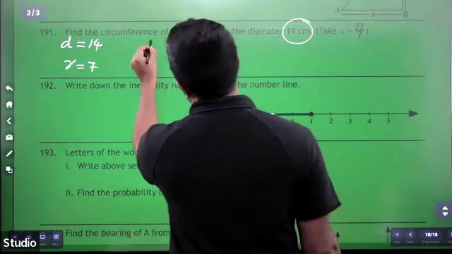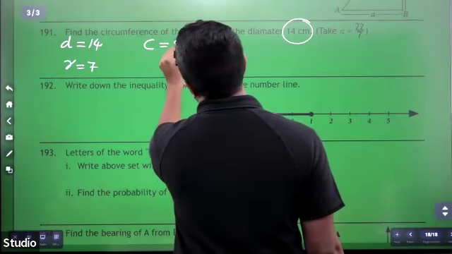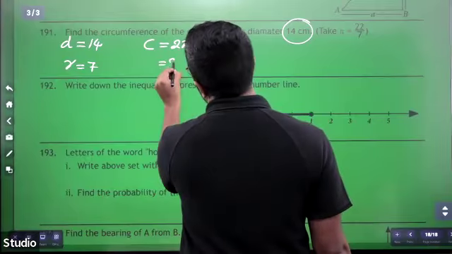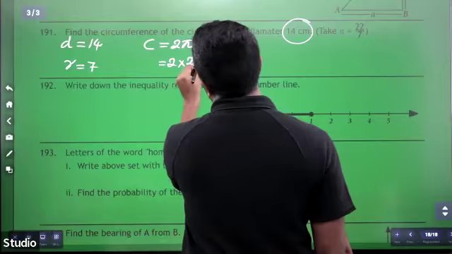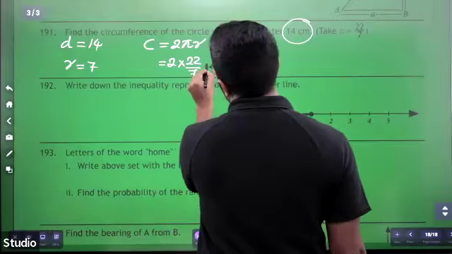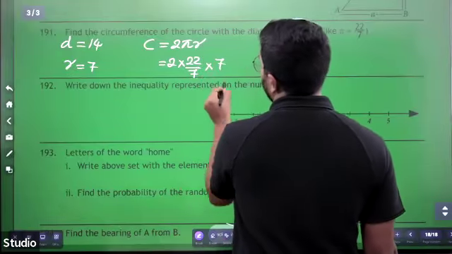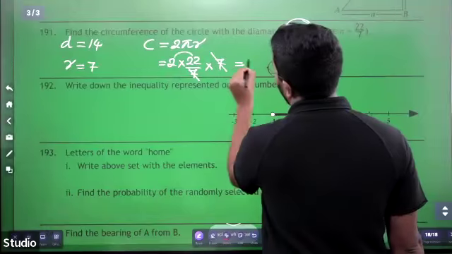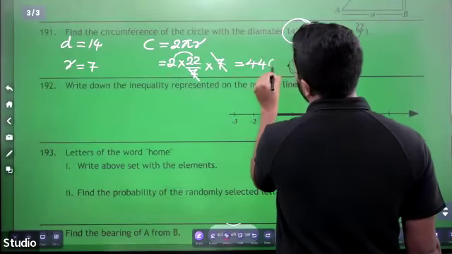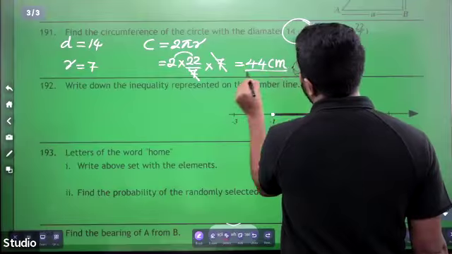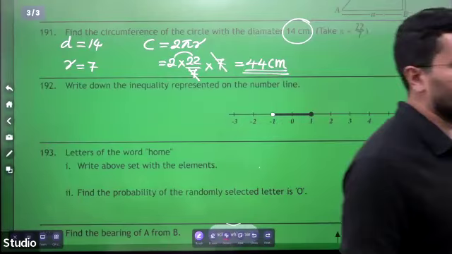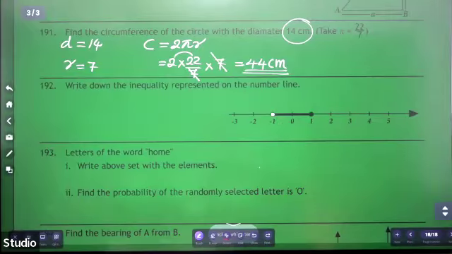Circumference of a circle, we represent it as C, equals 2πr. 2 times π is 22 over 7. Radius is 7. 7 divided by 7 is 1. 2 times 22 is 44. So the circumference of the circle is 44 centimeters. One of the easiest questions we have in this paper.